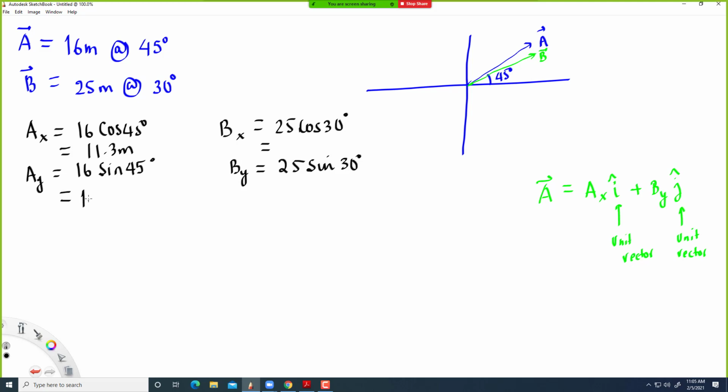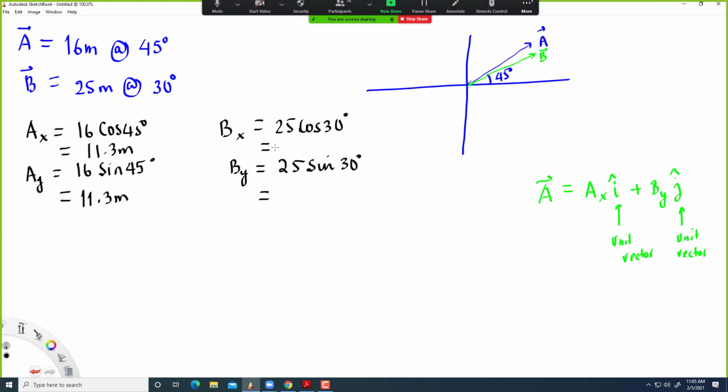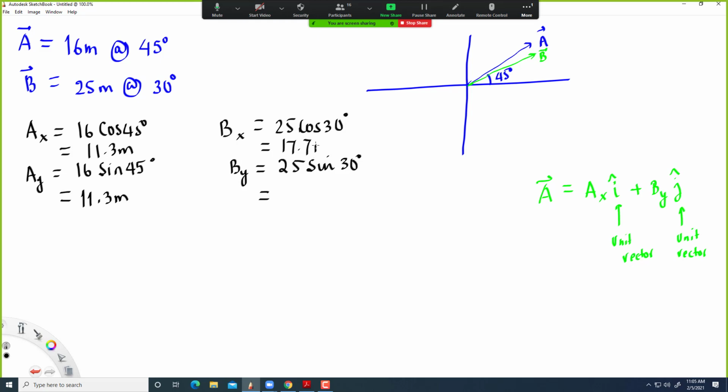Okay. And then bx and by. 21.7 meters, and then by is, I think, 12.5.